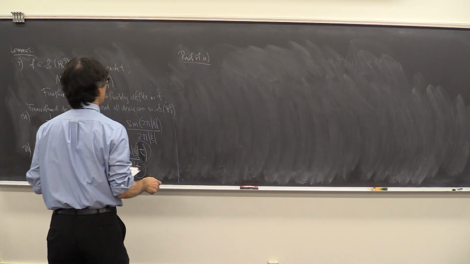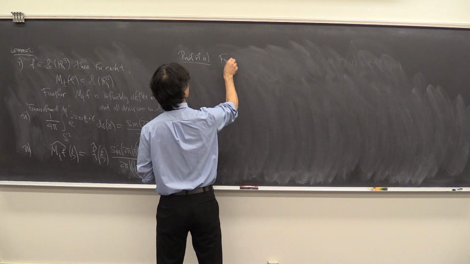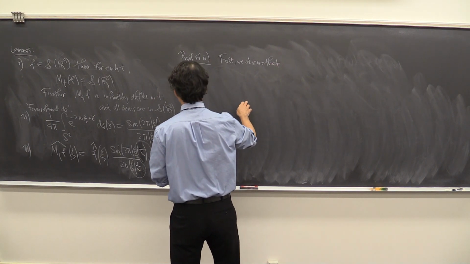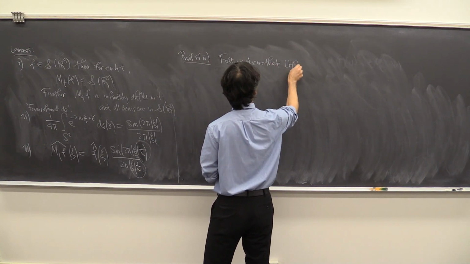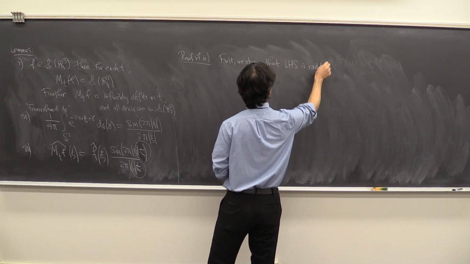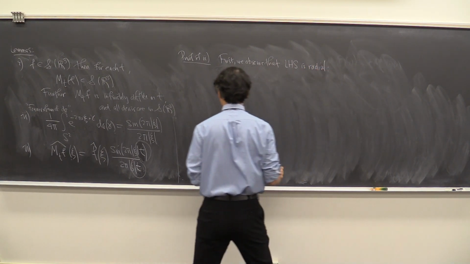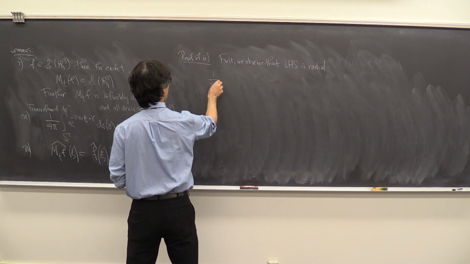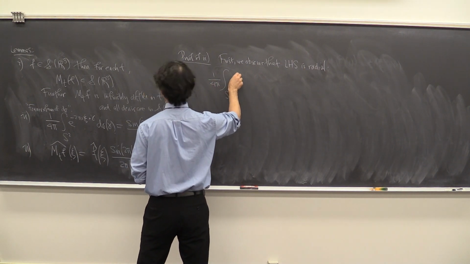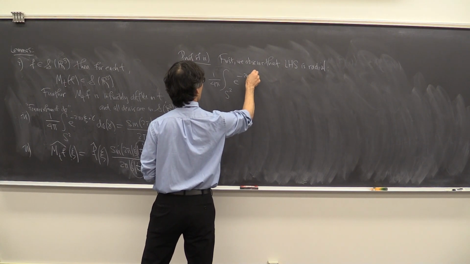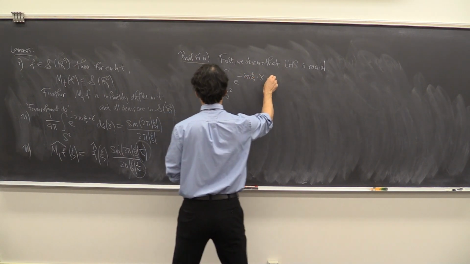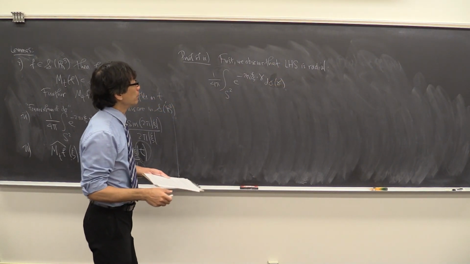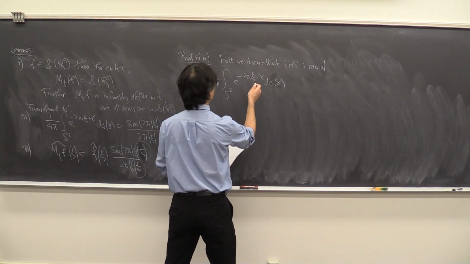The way we're going to do it is to first observe that the left-hand side is radial. Okay, so looking at the left-hand side, the integral of e to the negative 2 pi i c dot gamma d sigma gamma, we want to show that it's radial, so what we do is we rotate.